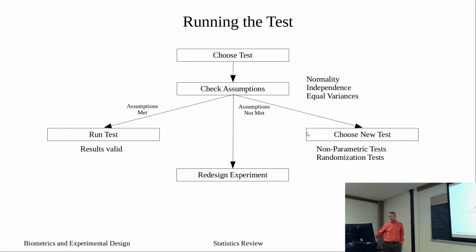Most likely scenarios would be these non-parametric tests. At least that was the common choice 20, 30 years ago. I think I was doing randomization tests in grad school, so might be pushing 25 or 30.